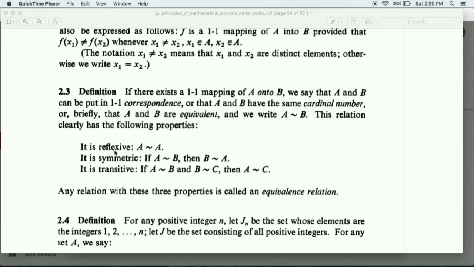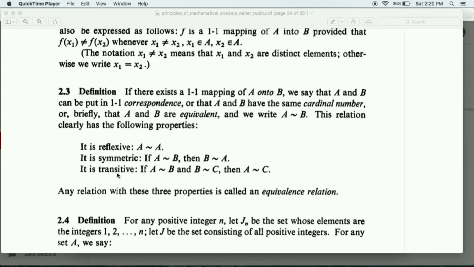Now if these three properties are satisfied, then we say that the relation is an equivalence relation, or in terms of mappings we can also say that A and B have a one-to-one correspondence between them.